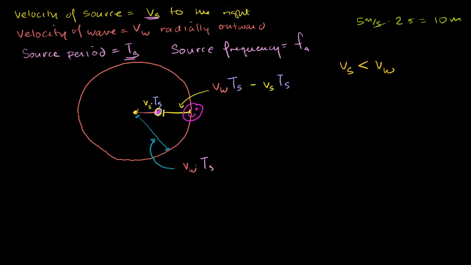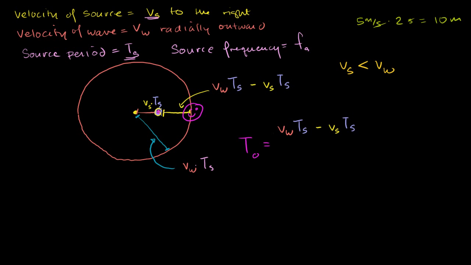Let me write this down. So the question I'm asking is, what is the period from the point of view of this observer? That's right in the direction of the movement of the source. So the period from the point of view of the observer is going to be equal to the distance that that next pulse has to travel, which is that expression up there. So let me copy and paste that. Let me get rid of that equal sign and that negative sign.